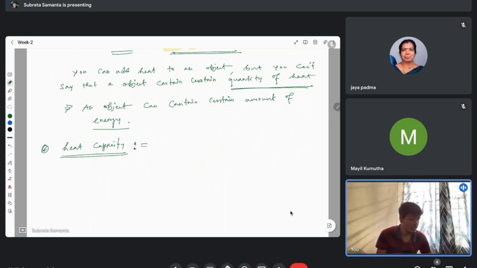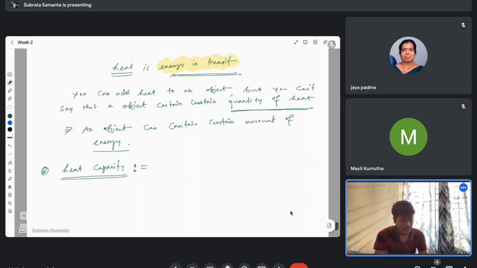Then you might ask a question: we were just discussing that it is not possible for an object to contain a certain quantity of heat, so what does the heat capacity of an object mean?